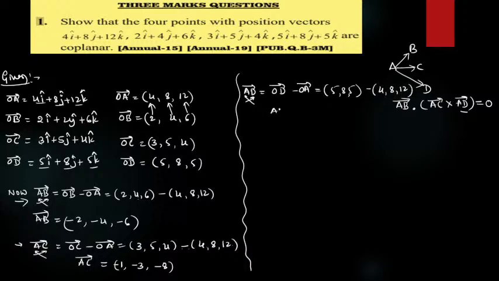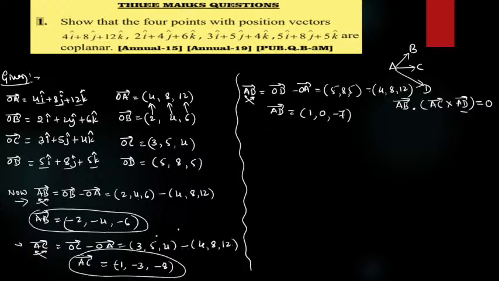Then AD can be written as 5 minus 4 is 1, 8 minus 8, that is 0, 5 minus 12, that is minus 7. So now in your hand you have the AB vector, the AC vector, then the AD vector.